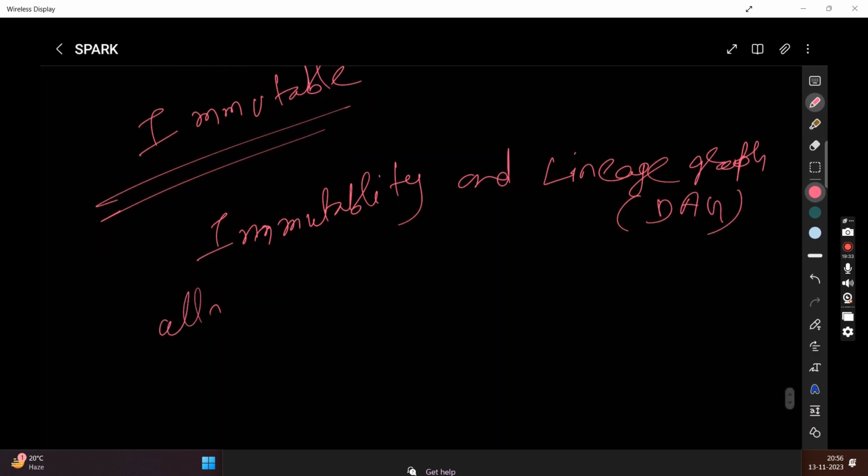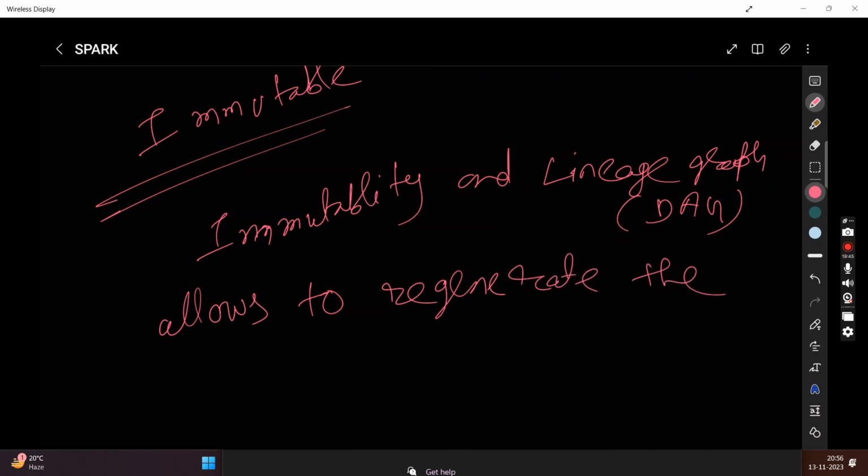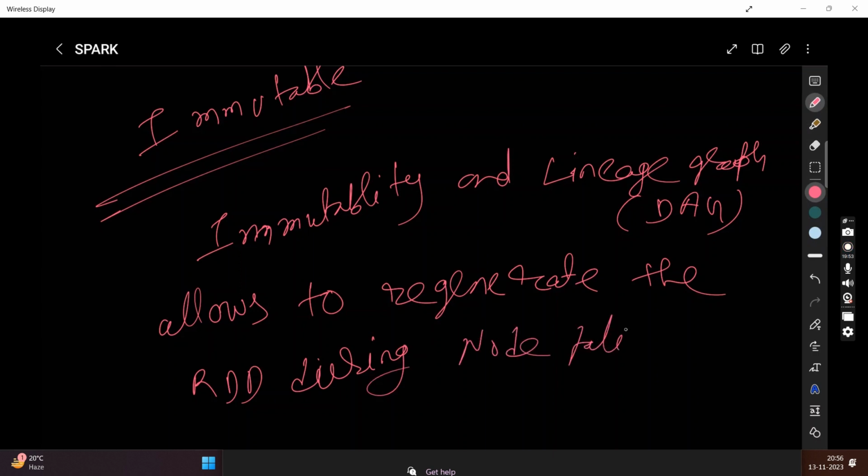The DAG allows you to regenerate the RDD during node failure. If some node is gone, then these two properties will help you, immutability and lineage graph.